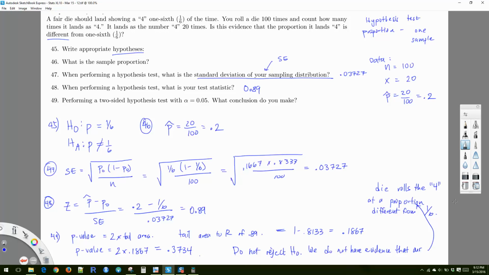If the alternative has a not equal, you take the tail area and you multiply it by 2. Tail area is the area to the right if the test statistic is positive. Tail area is the area to the left if the test statistic is negative. Is that good? Okay. So in our case, we have a positive test statistic, so our tail area is to the right.